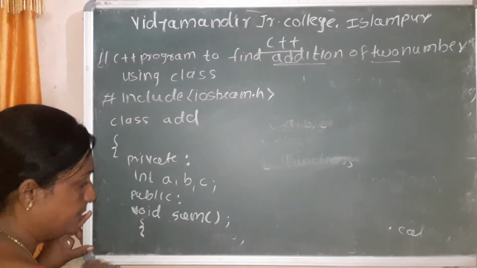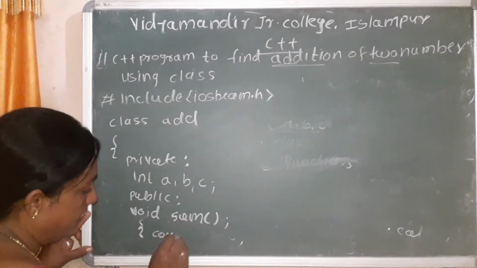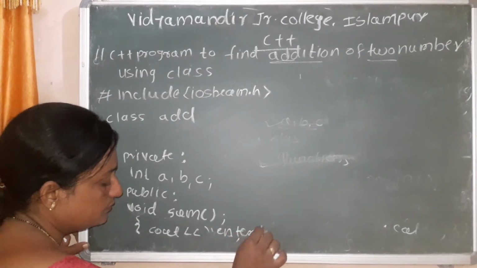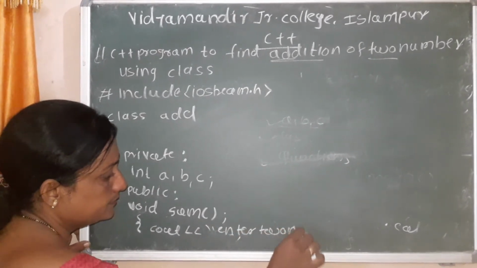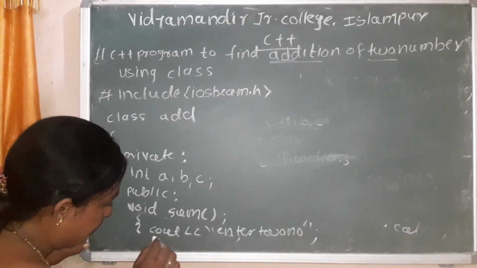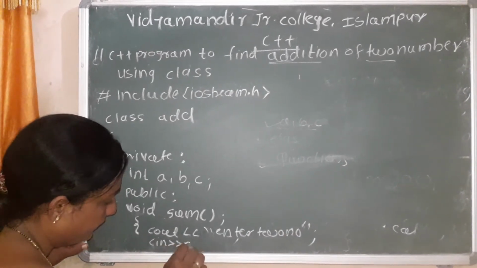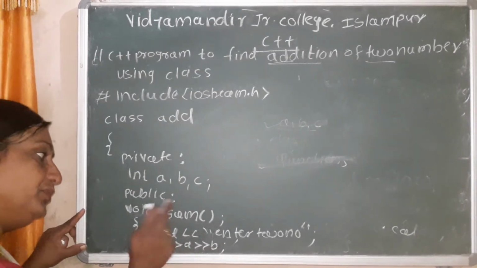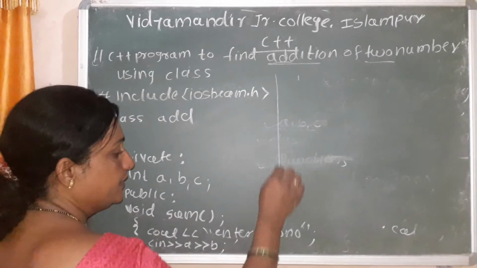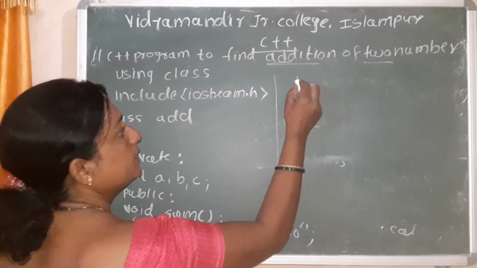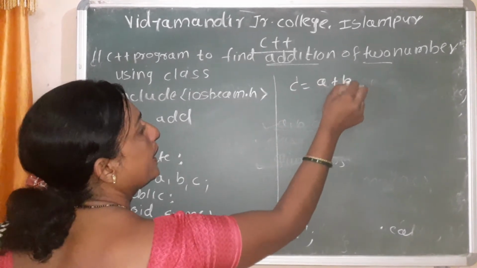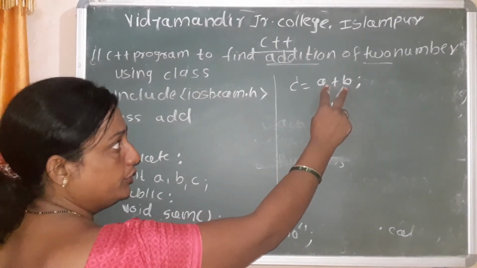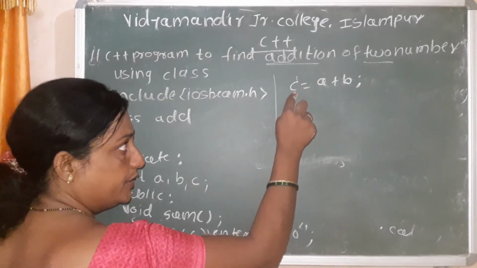So in this bracket of sum, say cout the content of the sum function, cout enter two numbers. I write cin A, B. These two numbers we input in the sum function. Next we perform the calculation. C is equal to A plus B. After performing the addition of two numbers, the result is stored in the C variable.